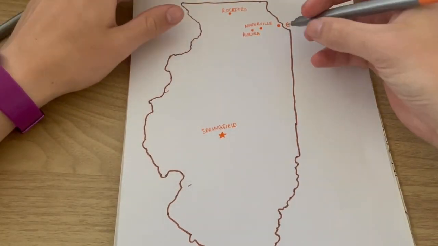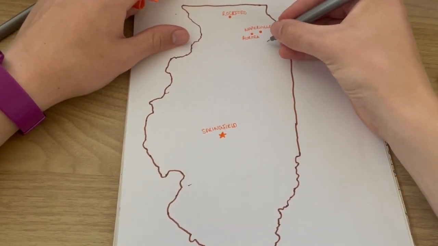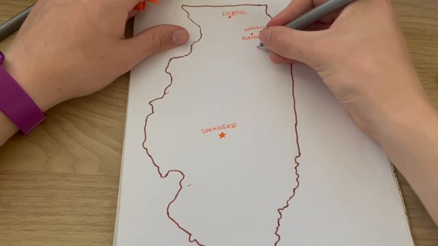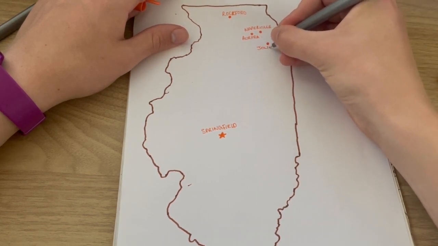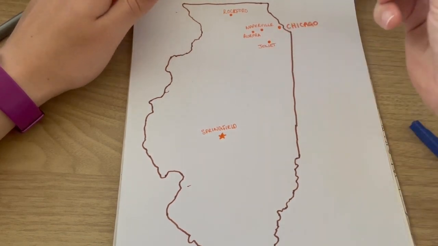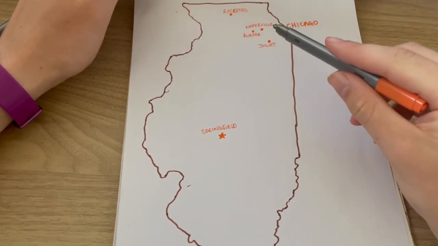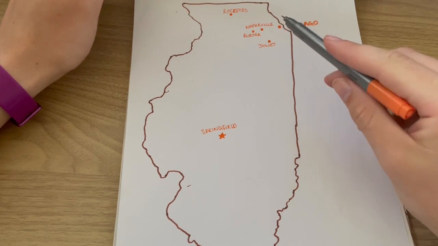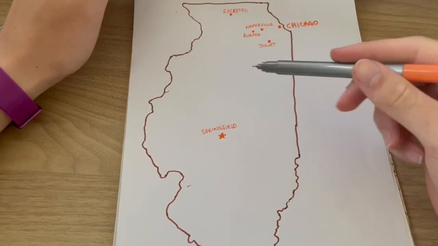Oh, there we go. About here, I think. Now, is this Joliet? Something along those lines.